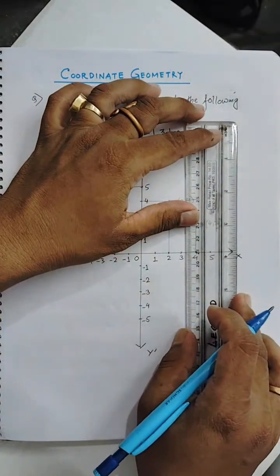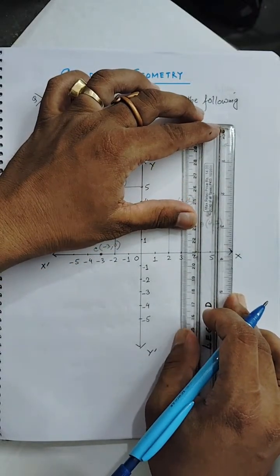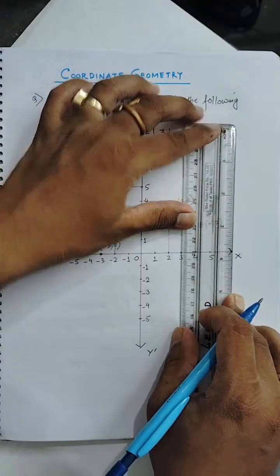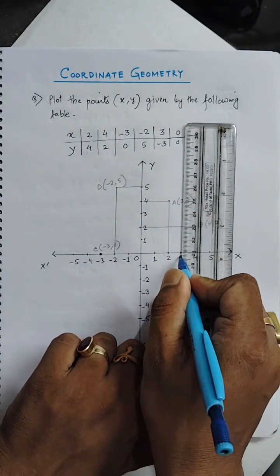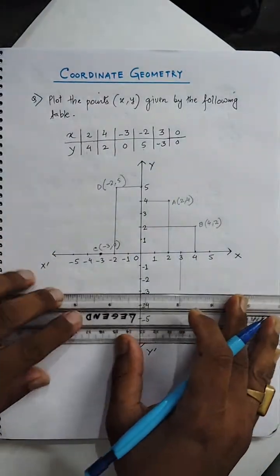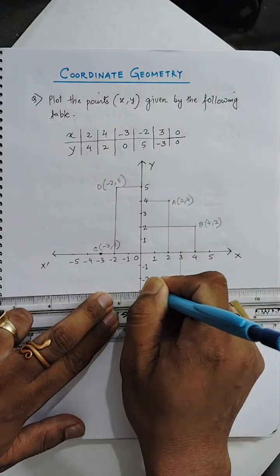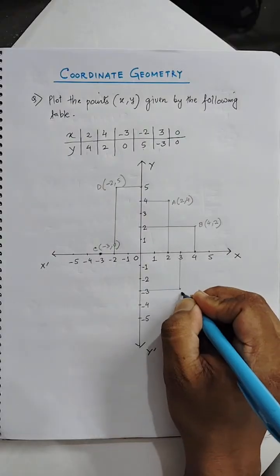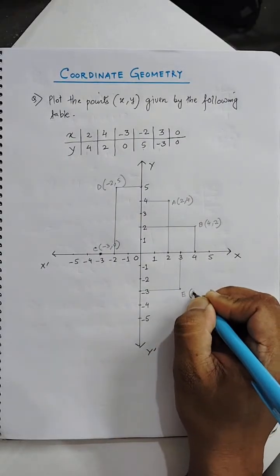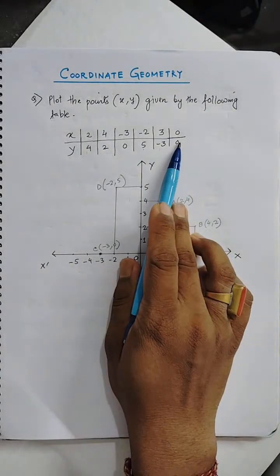So we'll place the ruler parallel to the y axis and so let's name this point E, 3 and -3.